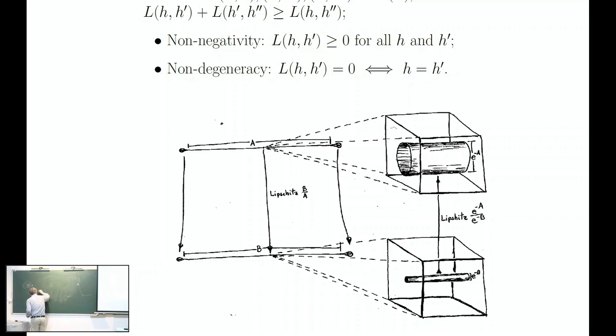So the 2 holes are here, and then I have a long tube joining them, a long tube of length A. So the hyperbolic length from here to here is more or less A.